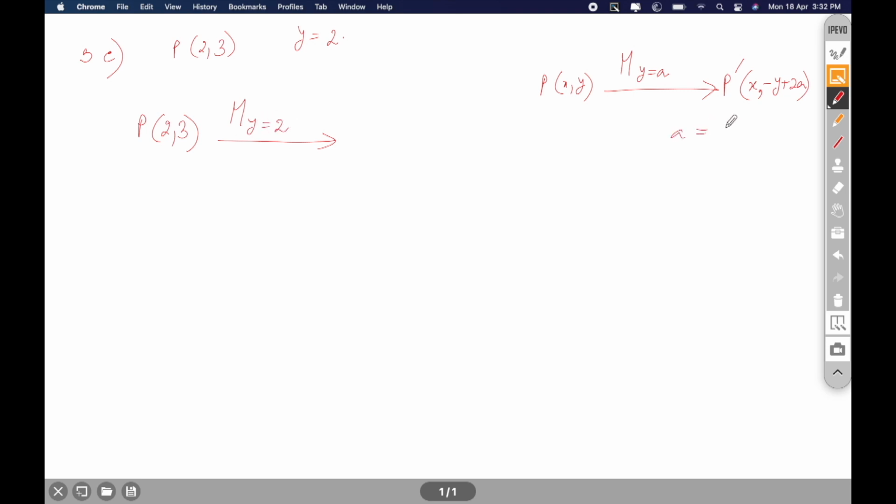So a takes the value 2. So the image is (2, minus 3 plus 2a). So that is P dash is (2, minus 3 plus 4), giving us (2, 1). Next, I have already solved question number 3, part D earlier. So we will move on to question number 4 now.